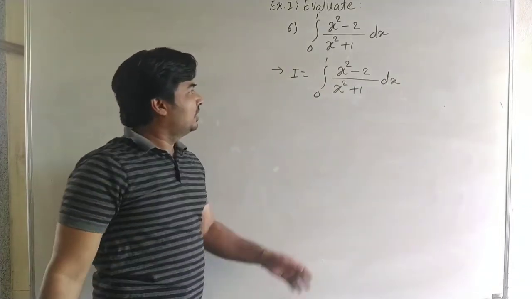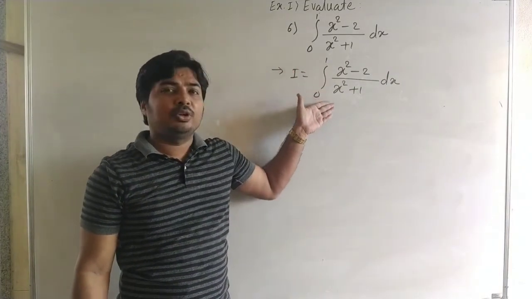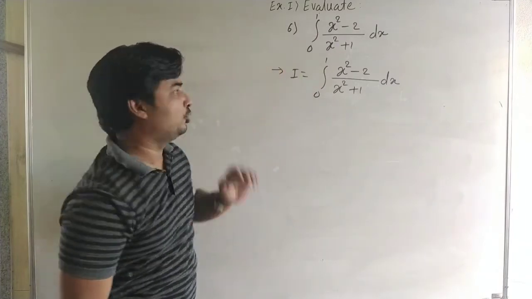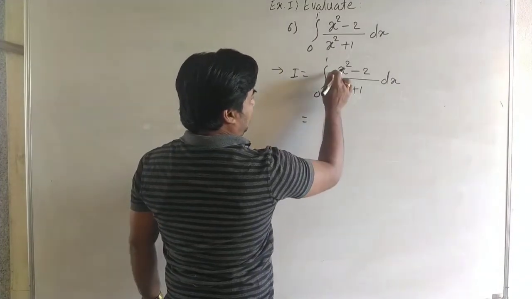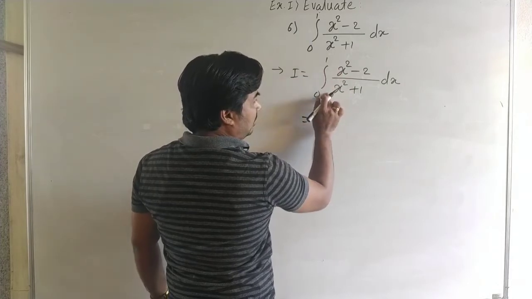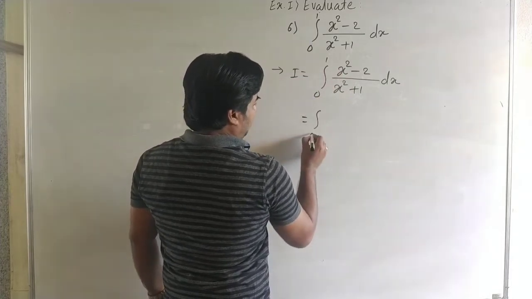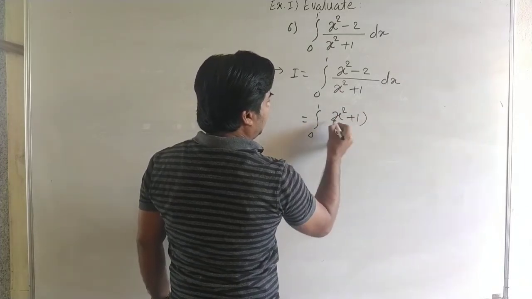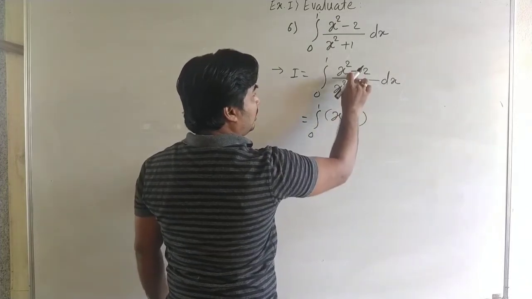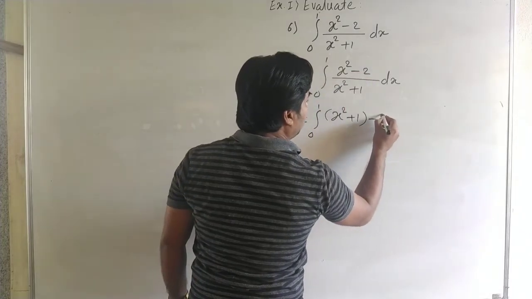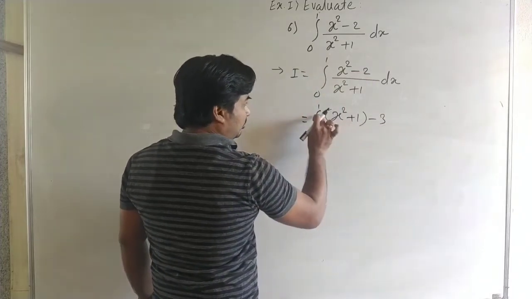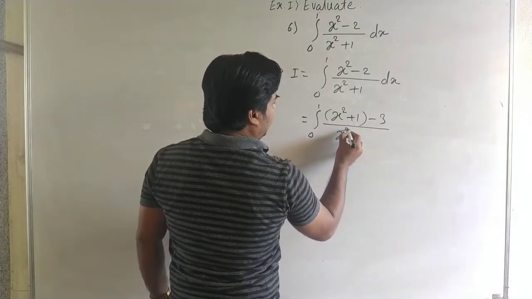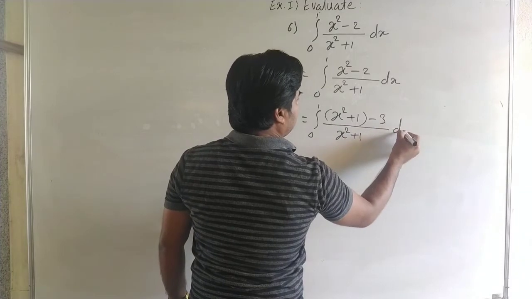Now again here the degree of numerator and degree of denominator is same, so we adjust denominator as it is in the numerator. Here degree of polynomial in numerator and degree of polynomial in denominator is same, so it is 0 to 1, we adjust, that is x square plus 1, it is a denominator, but in the numerator there is a minus 2, so we can write here minus 3. Okay, the calculation of this term, it is x square minus 2 upon x square plus 1 dx.